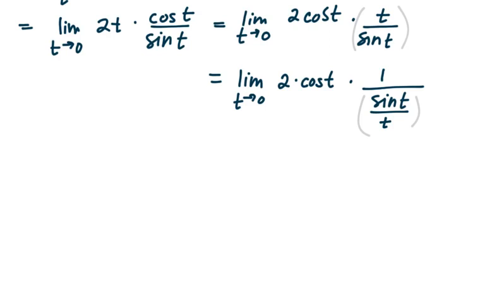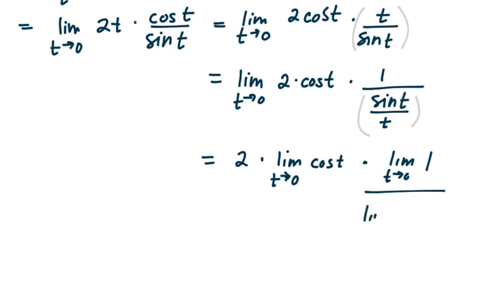So the limit of a product is the product of the limits. And at this point, we could take the limit of each of these terms. So evaluating this, this would be 2 times the limit as t goes to 0 of cosine t times the limit as t goes to 0 of 1 over the limit as t goes to 0 of sine t over t.